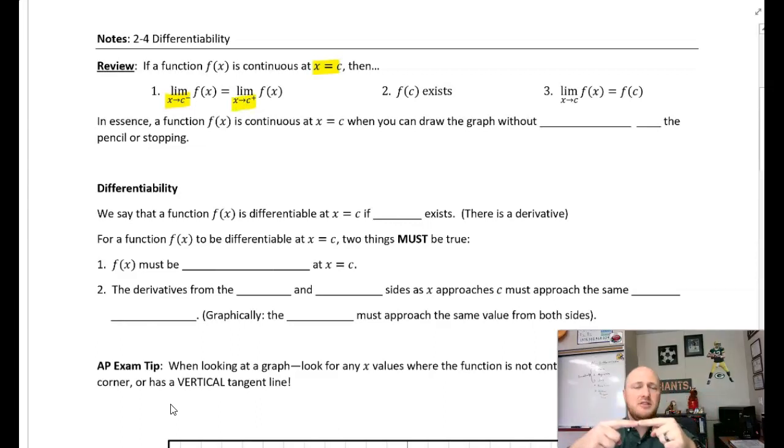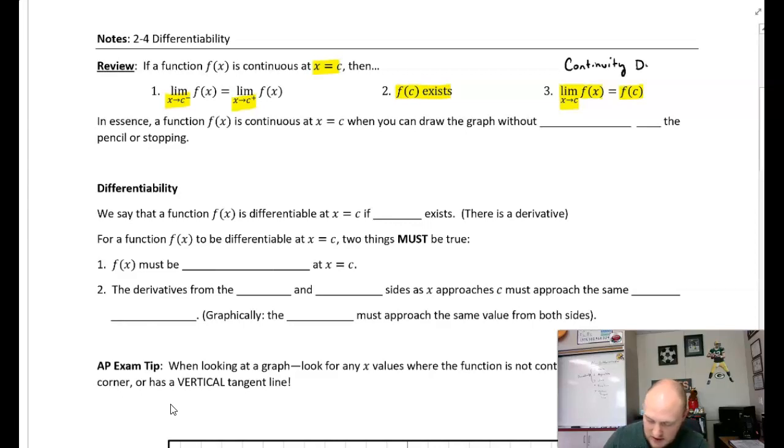This just shows us that the limit exists and that I don't have a jump. What also has to be true is that f of c, where they meet, the function value there exists, and furthermore, the limit of the function as x approaches c has to be equal to f of c. And right here, this is your definition of continuity.